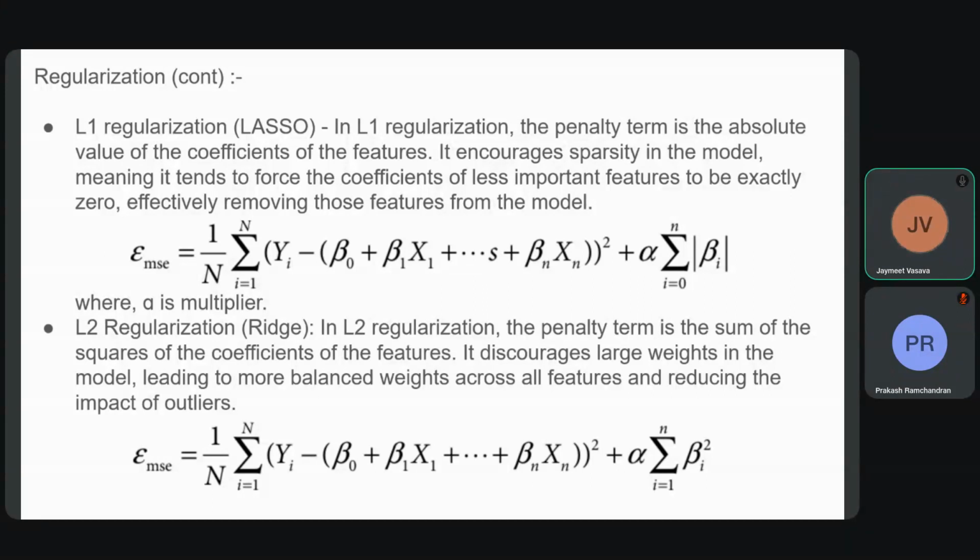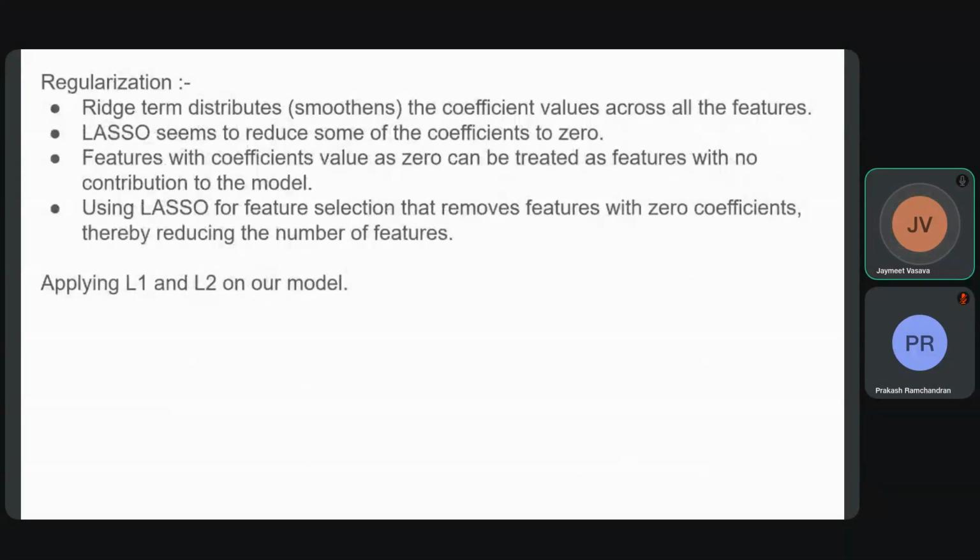So let's see the applications of these and how to apply them to our model. The Ridge term, which is L2 regularization, distributes the coefficient values across all the features. Lasso seems to reduce some of the coefficients to zero. Features with a coefficient value of zero can be treated as features with no contribution to the model.